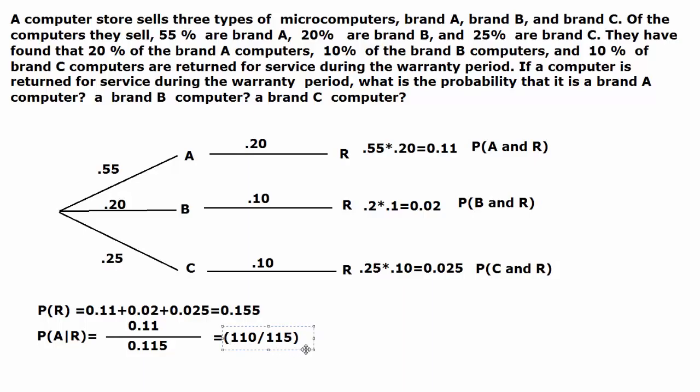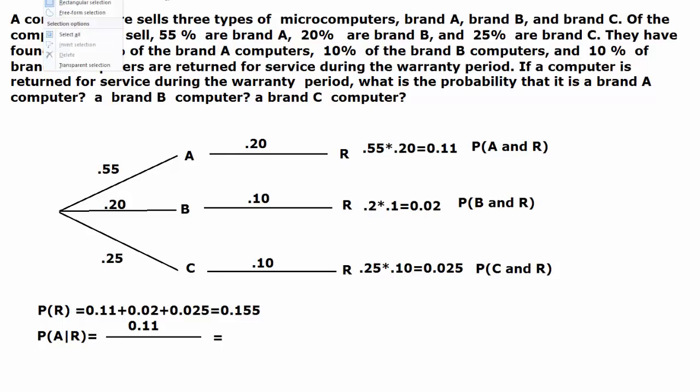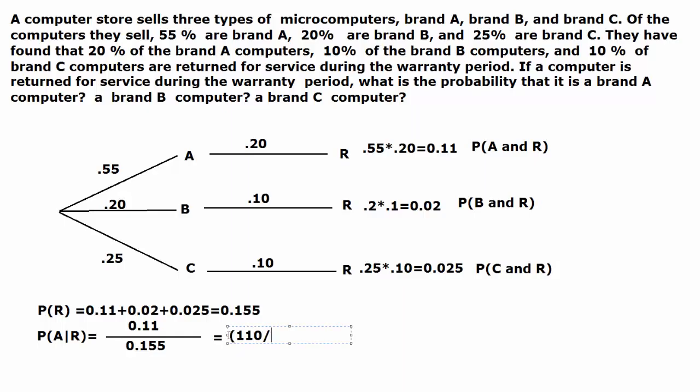I didn't mean 115, I meant 0.155, so that changes the answer. I apologize for that mistake. Okay, so yes, now it's better. So it's 110 over 155, that it is from brand A.